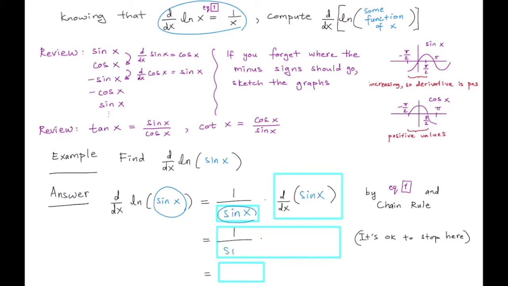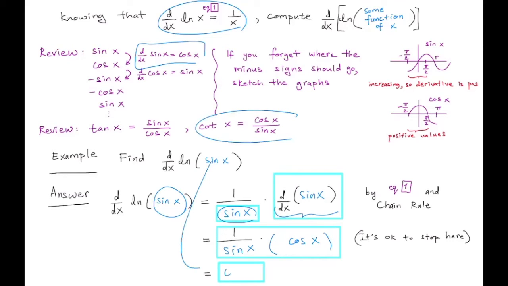So again, I write 1 over sine of x, and I multiply that with this value, which we said was cosine of x. And you can simplify this further. So cosine x over sine of x is cotangent of x.